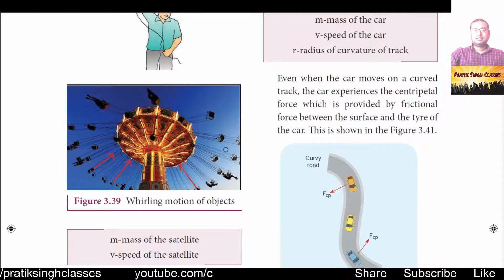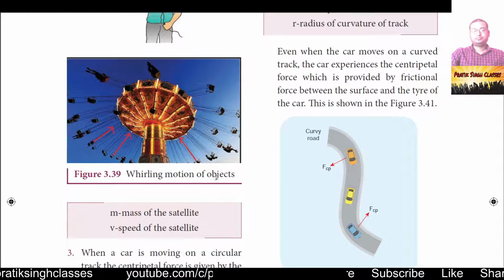As you can see here, if you have gone to this type of amusement park, everybody is going round and round, and the centripetal force provided to each person is because of the tension in the ropes.